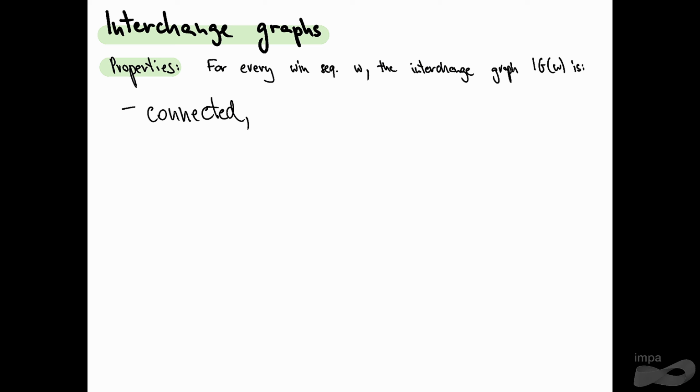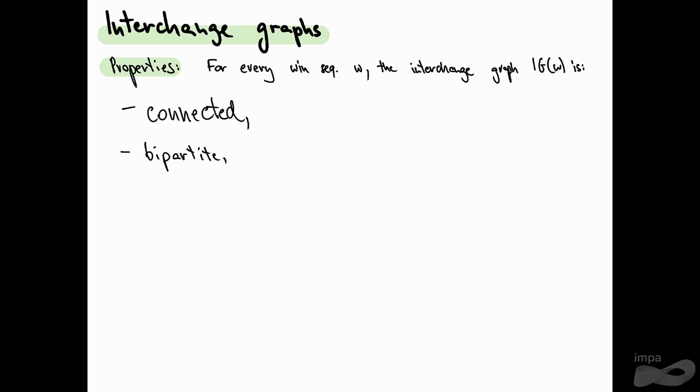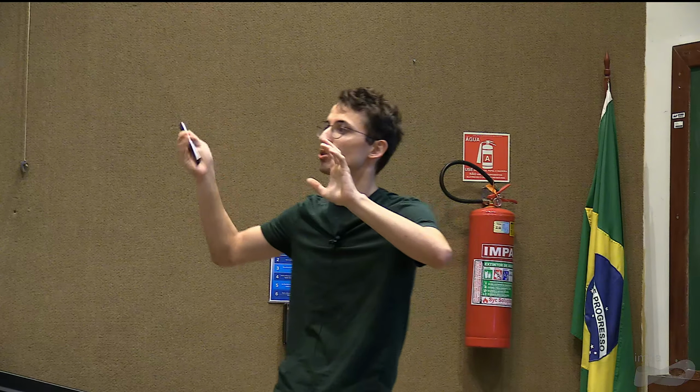It's a combinatorial inductive proof. The second thing: it's bipartite. At every step I swap an odd number of edges, so you can anchor some tournament and distinguish two classes of tournaments based on the parity of the number of edges that differ.